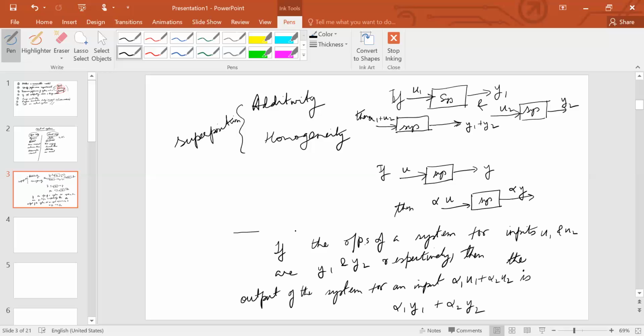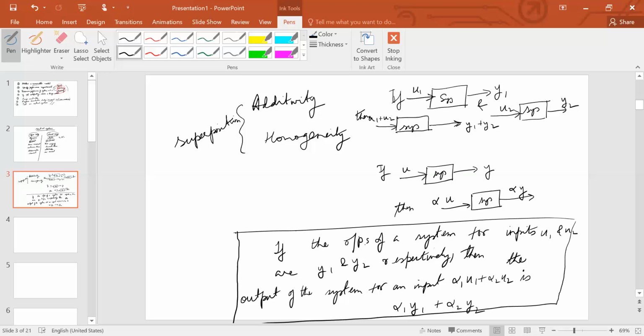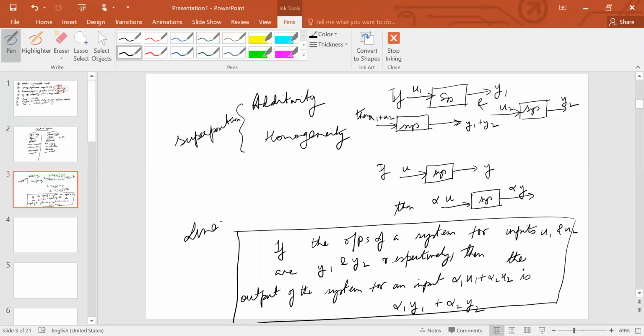So any system that satisfies this particular property here is a linear system. So that's the definition of a linear system.